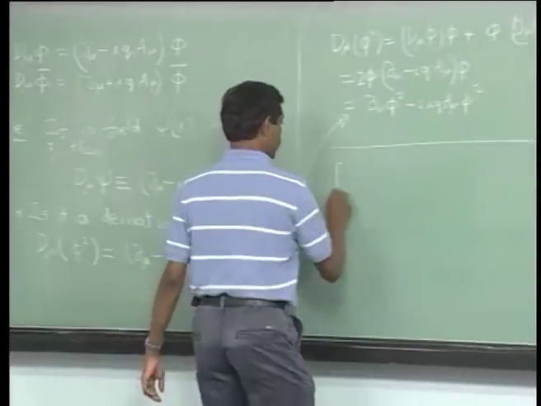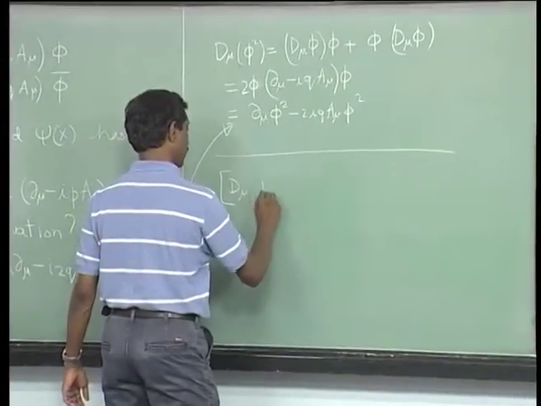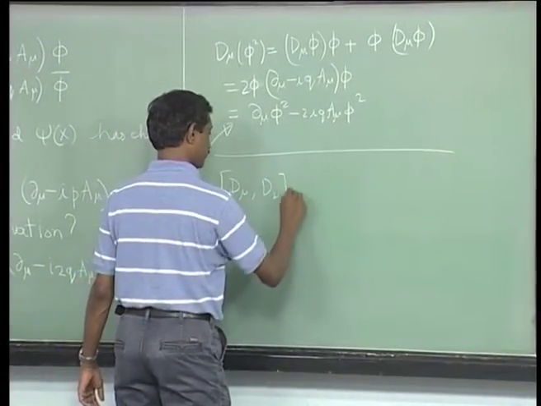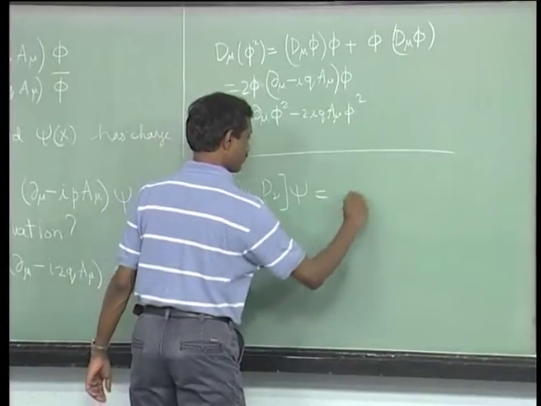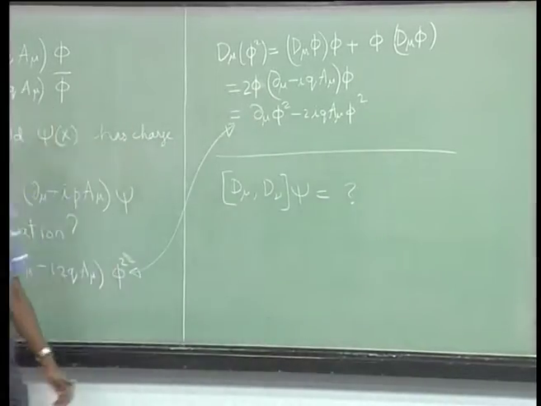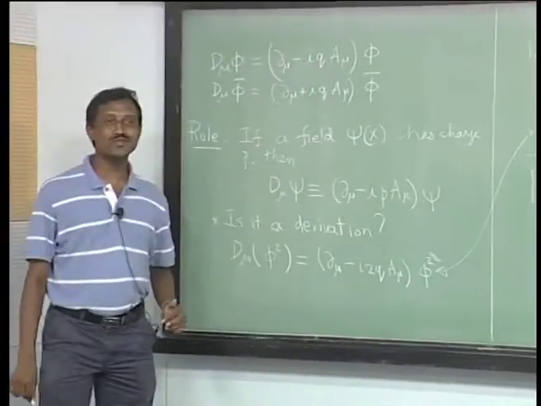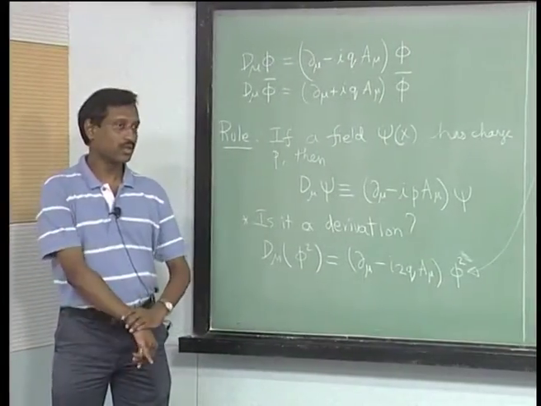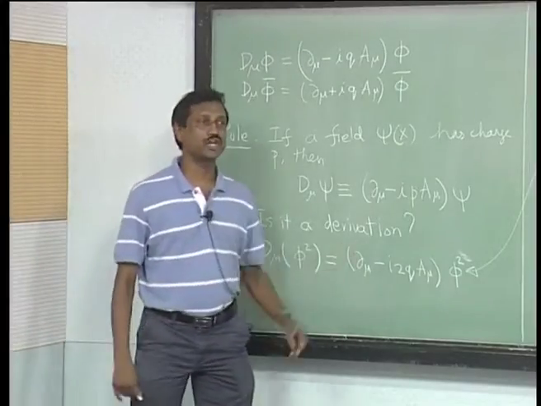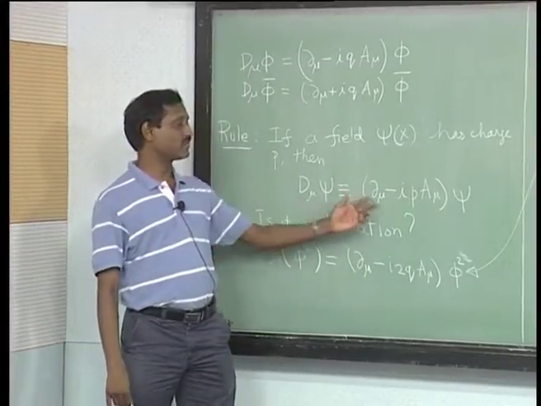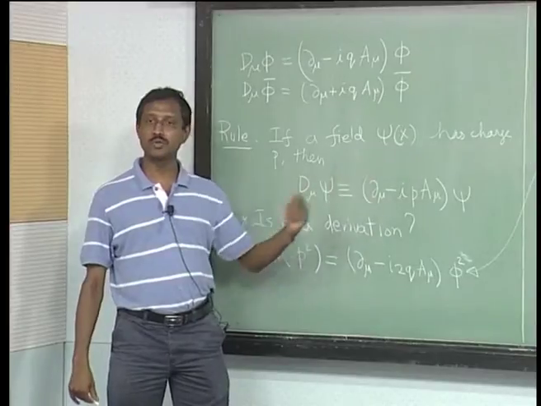So, what I want to compute is the following object. What should this be? Of course, there is one situation where it would be 0, that is when psi has charge 0, then it becomes the ordinary derivative and we expect things to commute.